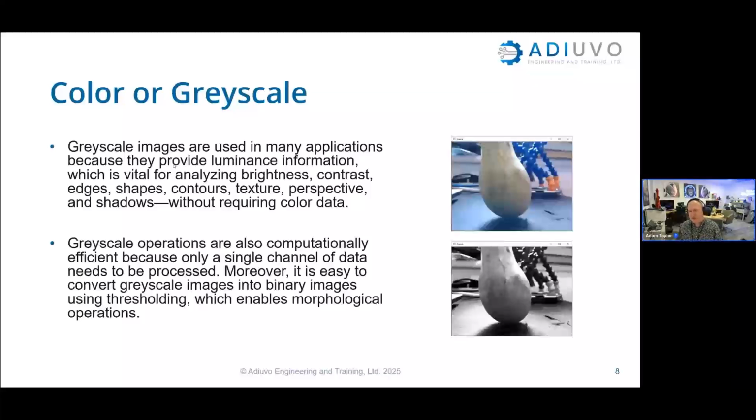So if we've got a grayscale image, obviously we've got the luminance information, so we can see areas of brightness, we can see contrast, edges, shapes, textures, perspectives, and we can see a lot of information there without requiring color. And because these grayscale images only convey the luminance of the image, we can transfer the pixel data with many fewer bits.